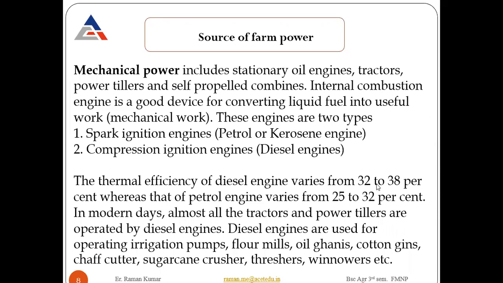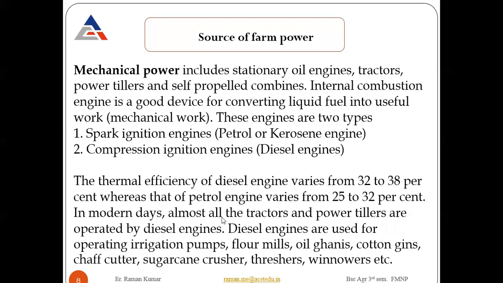This is very important, and it is the main difference between the two: how much energy is converted into useful work. In a petrol engine, only 25 to 32% of the energy is converted, but in a diesel engine the thermal efficiency is more, 32 to 38%.